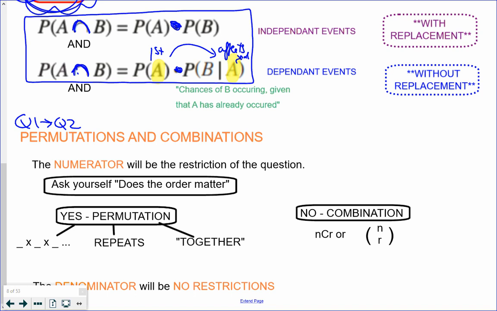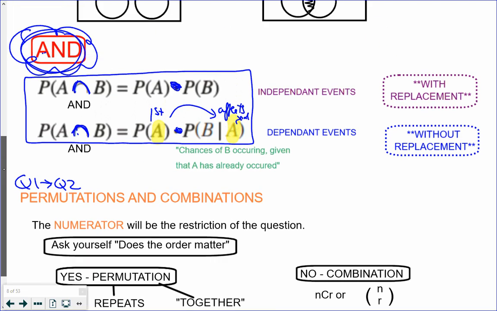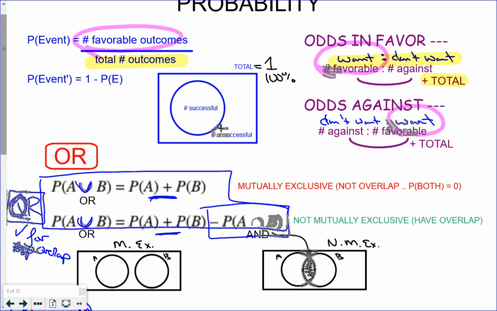You just now have a numerator and a denominator. So the top will be the same way as before. The bottom will just be the no restrictions. So unfortunately, the probability stuff is a massive amount of memorizing that you're just going to have to get into your brain. You did it good the first time. We just have to work on it again.